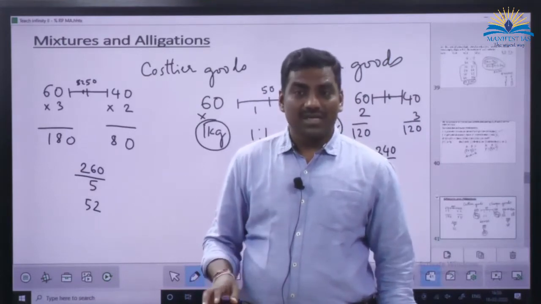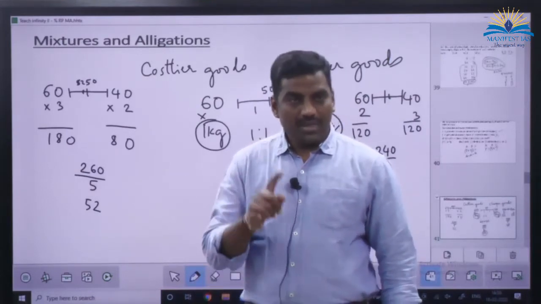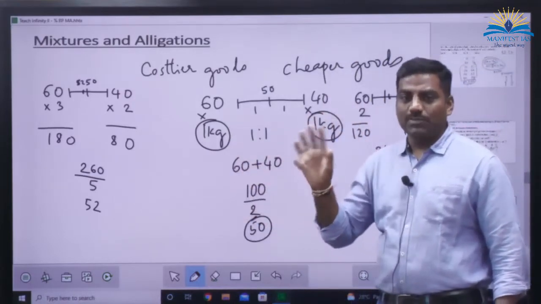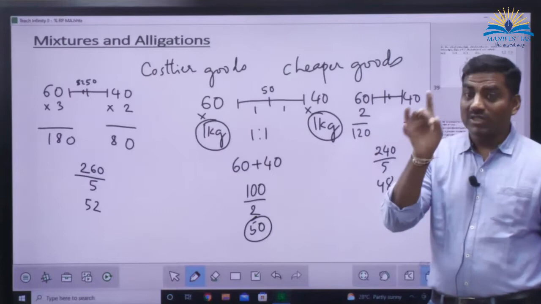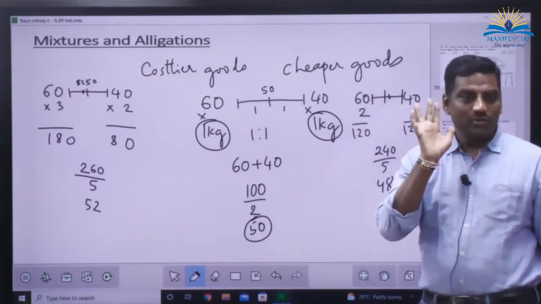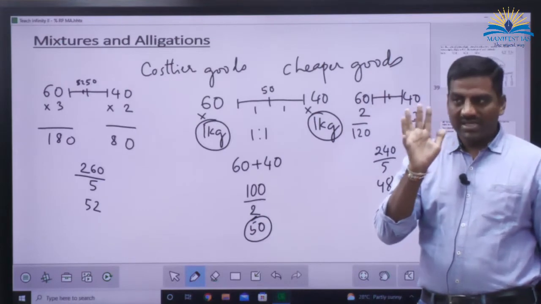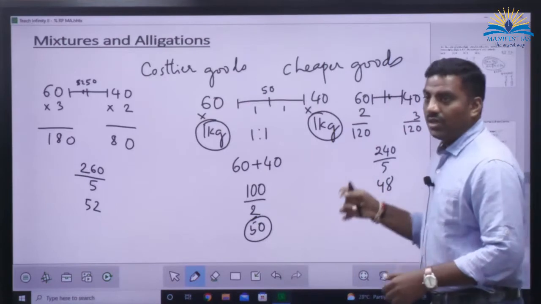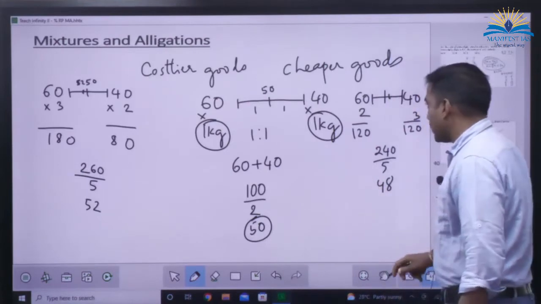Our price of the mixture will be running between the costlier price and the cheaper price, correct? So it will never cross the cheapest price, and it will never cross the costliest. Understood this? Is there difficulty to understand this? No, right?